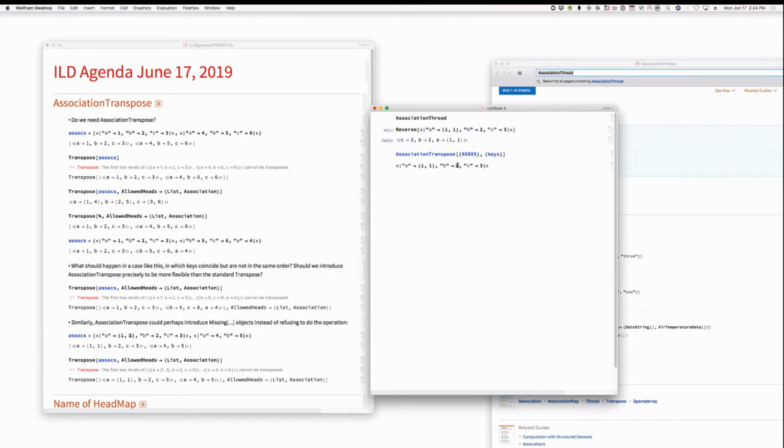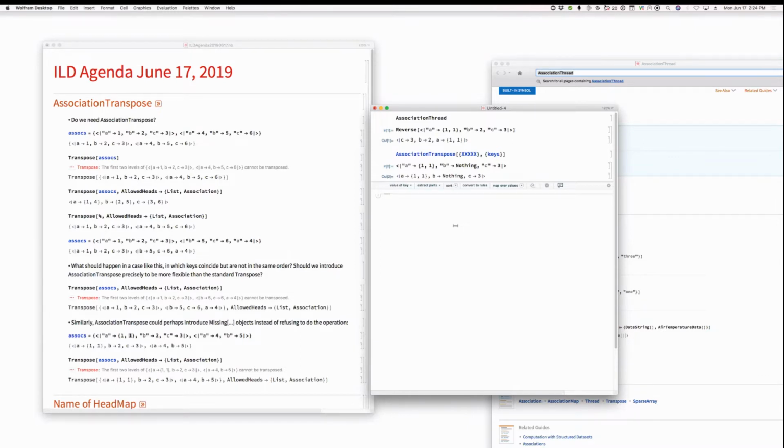Yeah, I think so. Okay, why does this not work? Why don't we prune the nothings? I think this is related to the fact that we want association to be all complete.